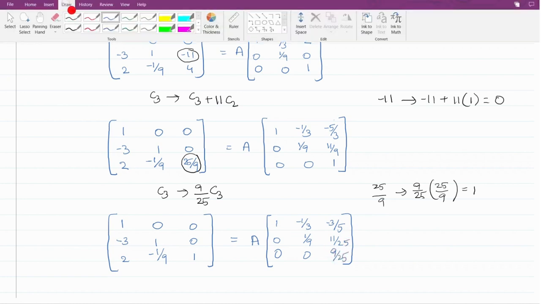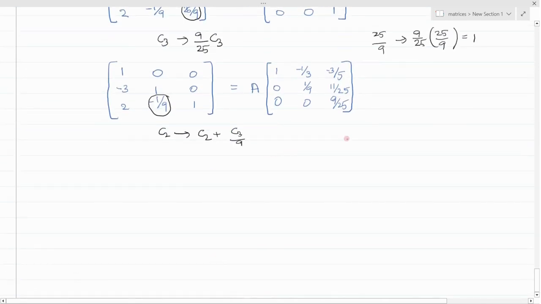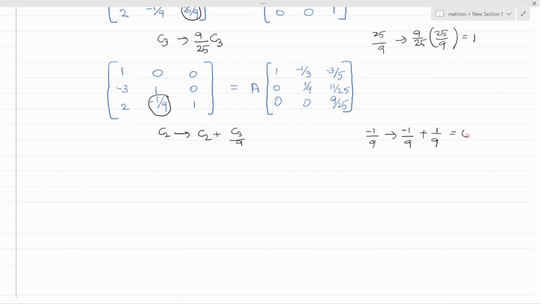Now, our next step is to convert this entry, that is minus 1 by 9, to 0. So how to do this? We can write column 2 changes as column 2 plus C3 by 9. When we do that, minus 1 by 9 changes as minus 1 by 9 plus 1 by 9 and gives 0.